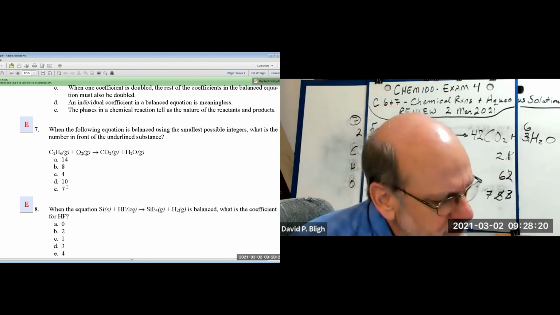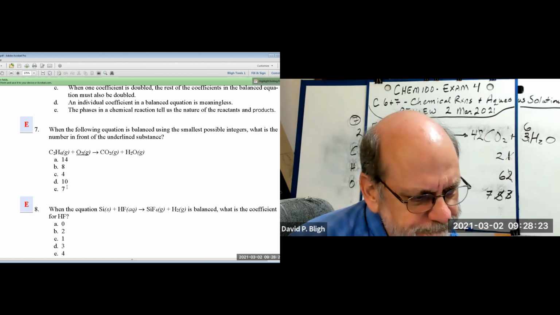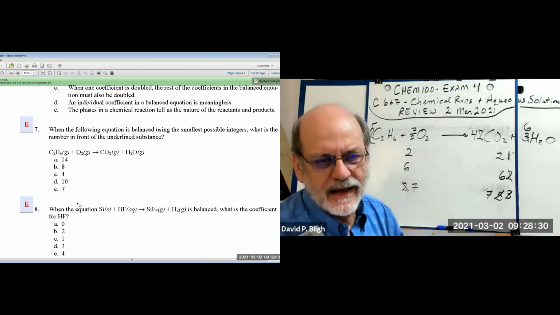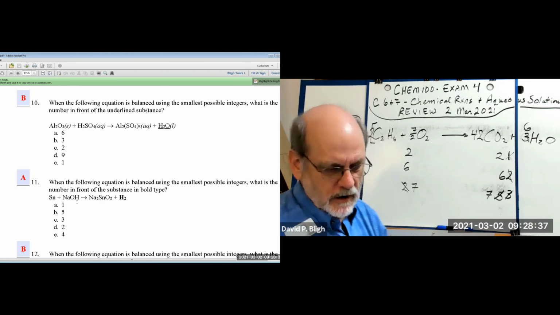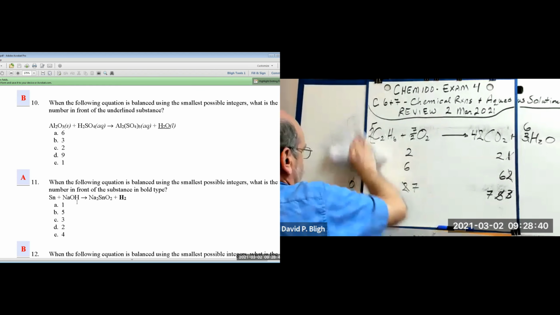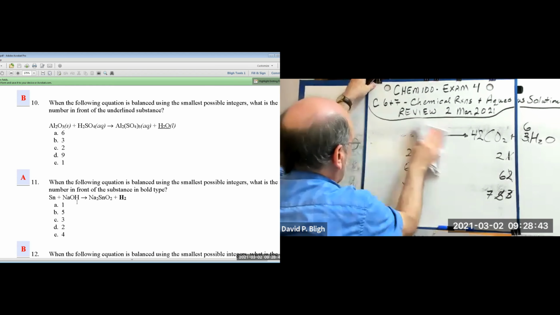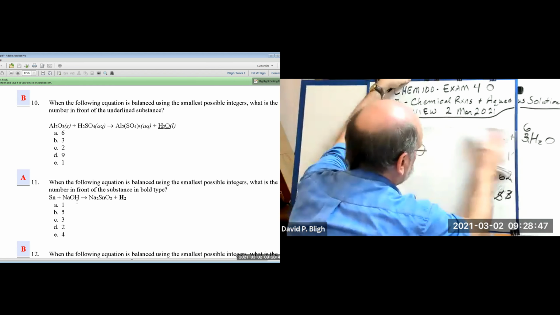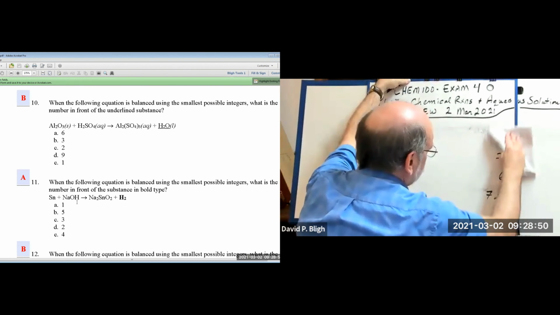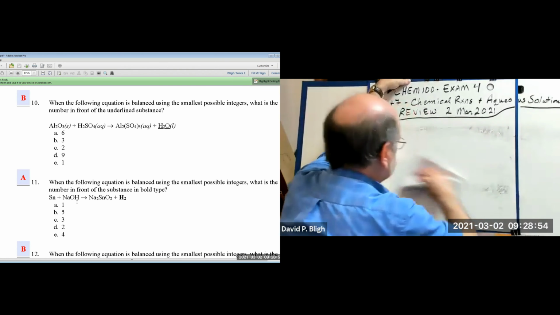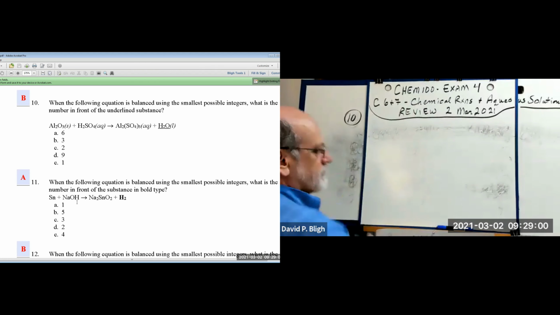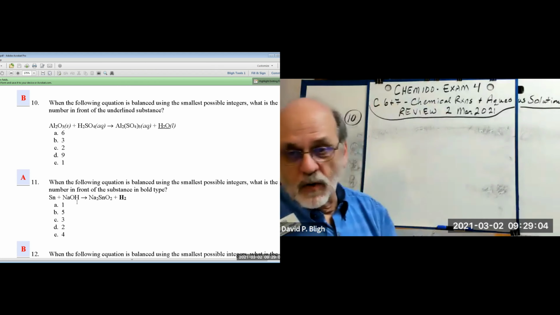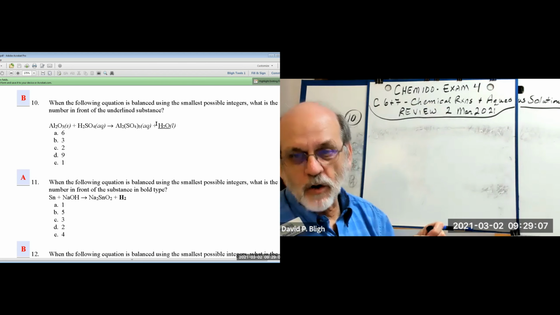So let's look at number 10. We're looking for the coefficient of water in this one.